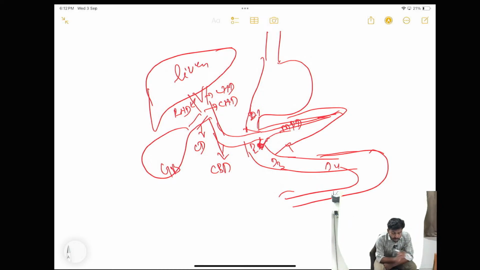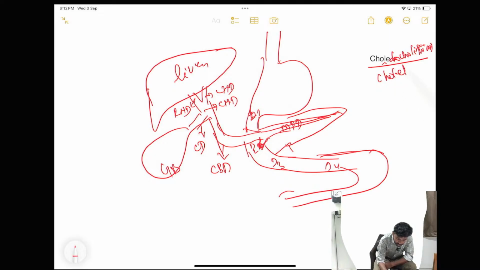So what is choledocholithiasis? What is cholelithiasis? You should know that lithiasis means stone.